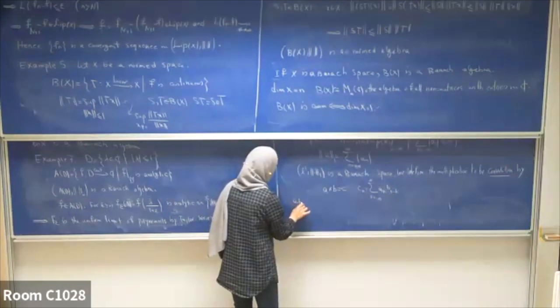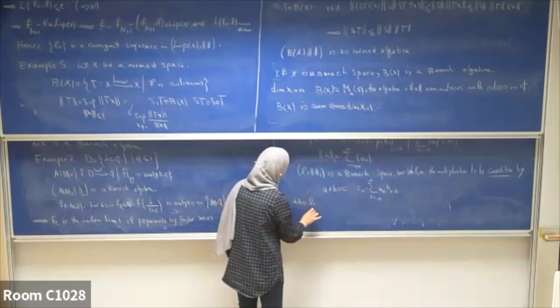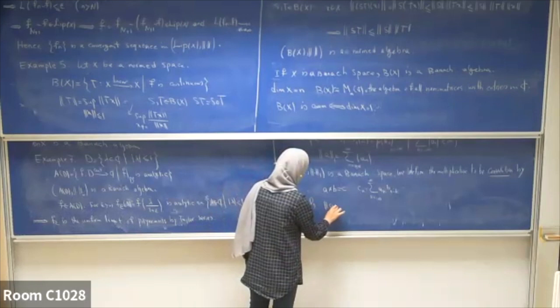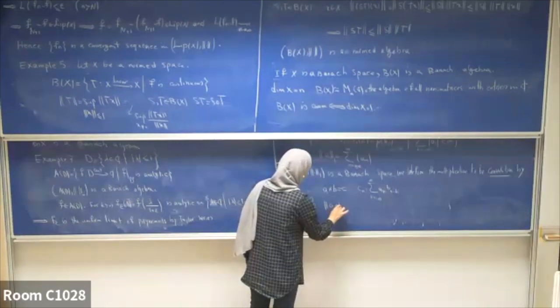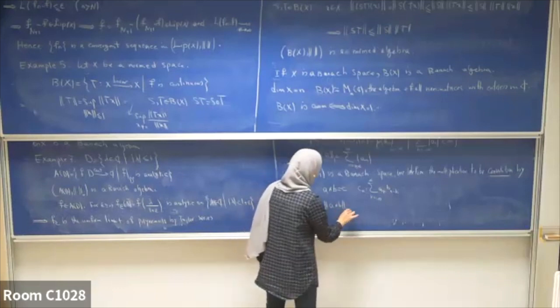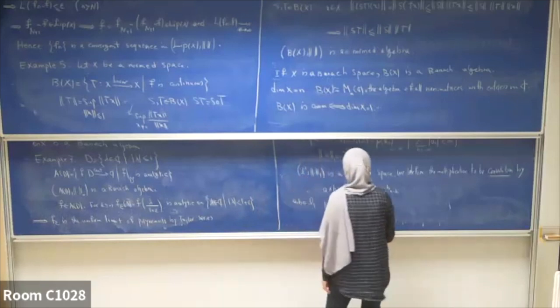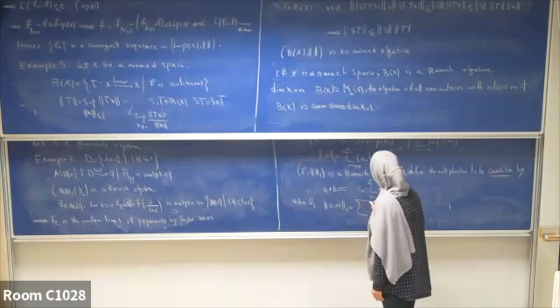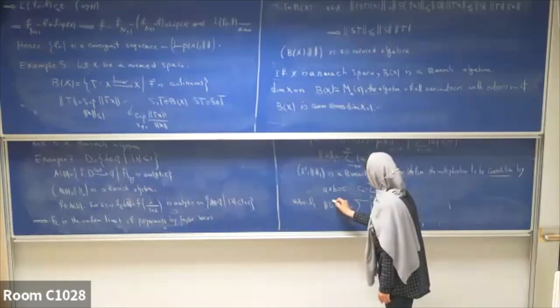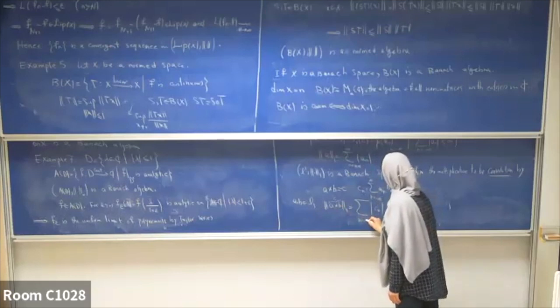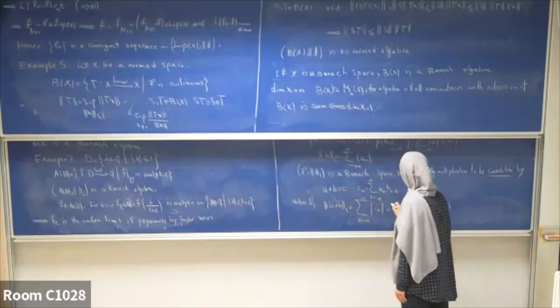Let A and B be in L1, and the norm of A star B is the sum of these elements C_n, from minus infinity to infinity.